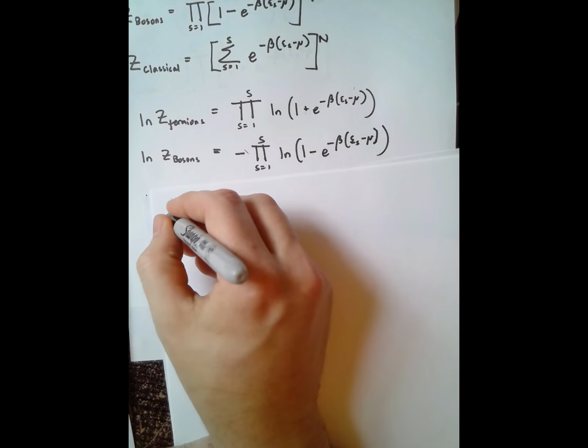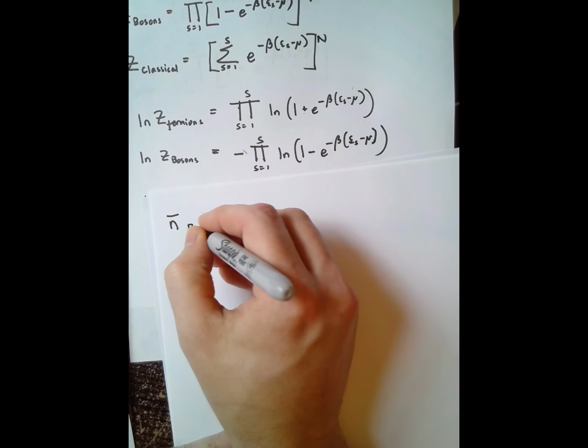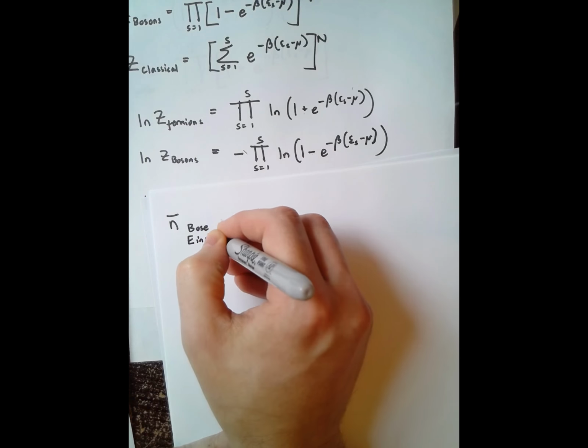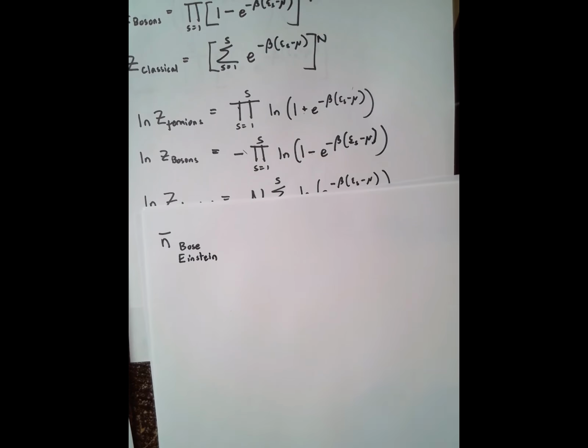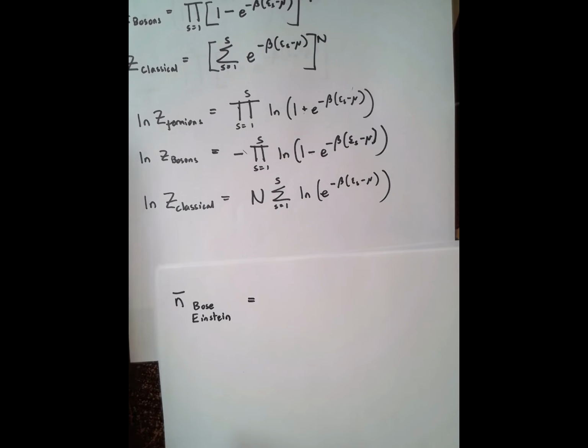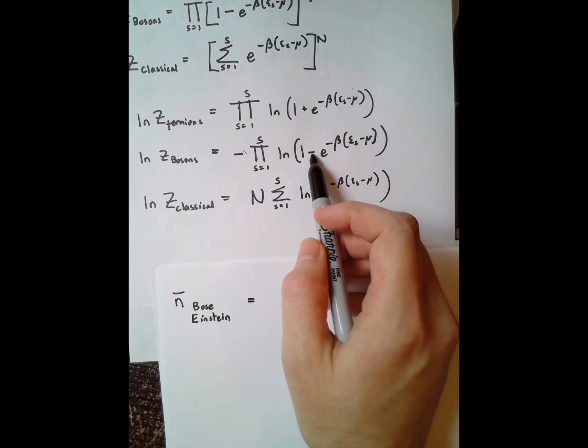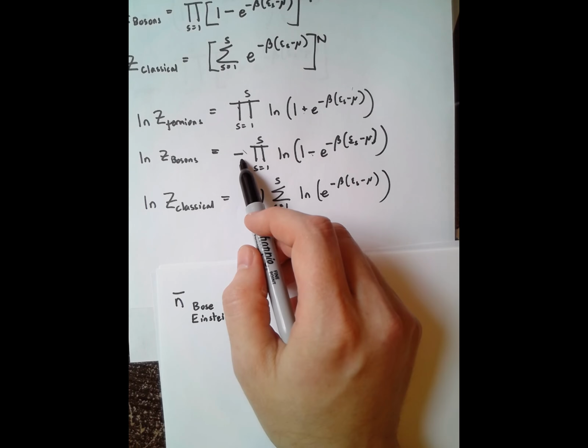Okay, for the Bose-Einstein distribution function, the derivation is very, very similar, because the only difference is I've got a minus here and a minus outside.